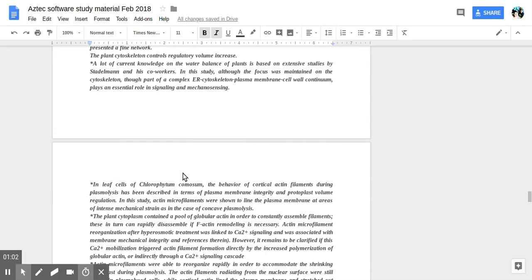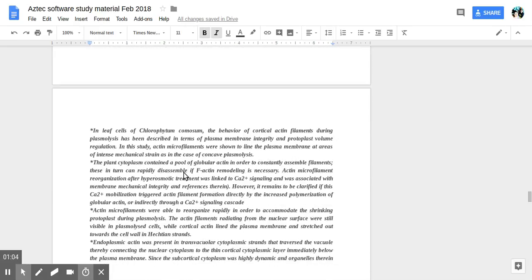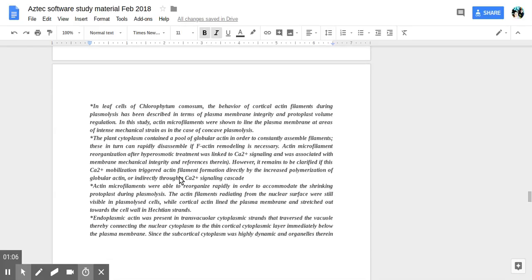So we were learning about actin. There's a thing called calcium signaling associated with the way the cell changes its shape.